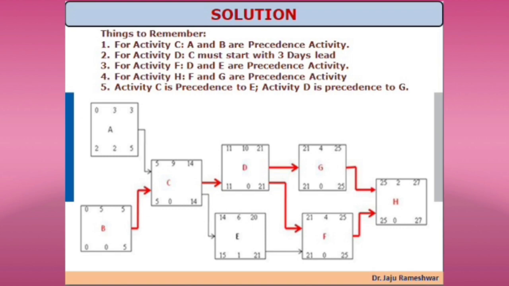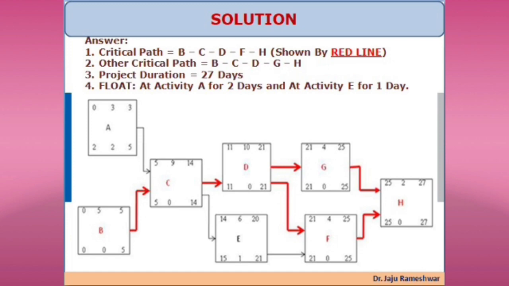We move to G. For G, the only precedence activity is D. Hence it starts at 21, duration is 4, and finish is 25. Then we move to H. For H, there are 2 precedence activities, F and G, and duration is 2 days. Hence 25, 2 and 27; again float is not required here.